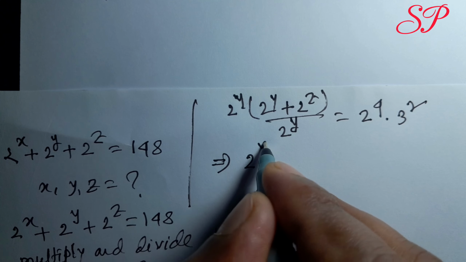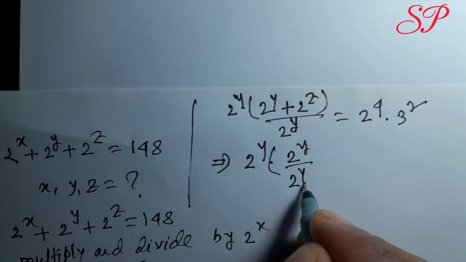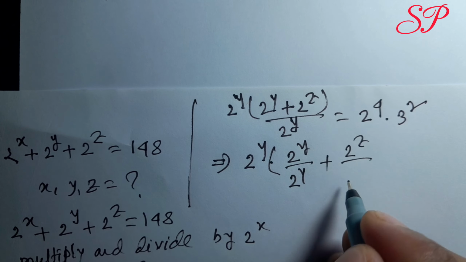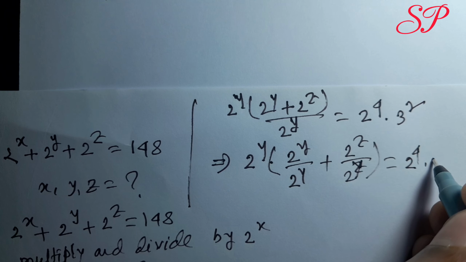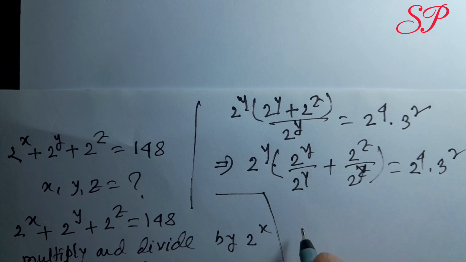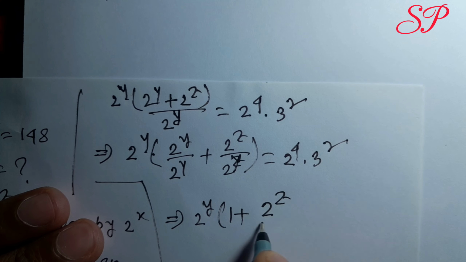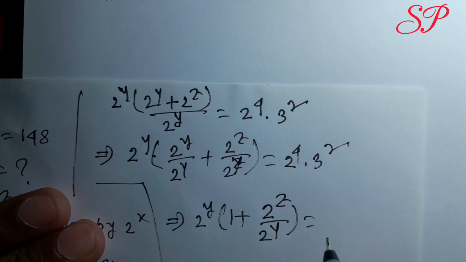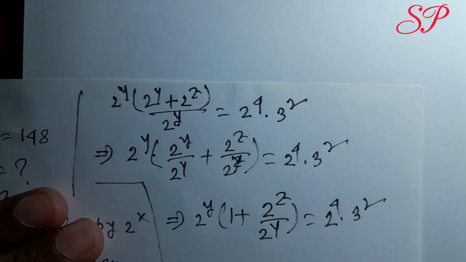Here we take 2^y as a bracket, 2^y (1 + 2^z by 2^y) is equal to 2^4 times 3 square.